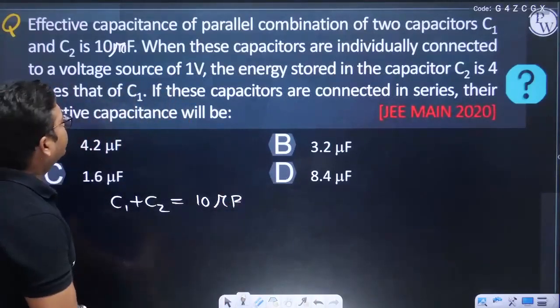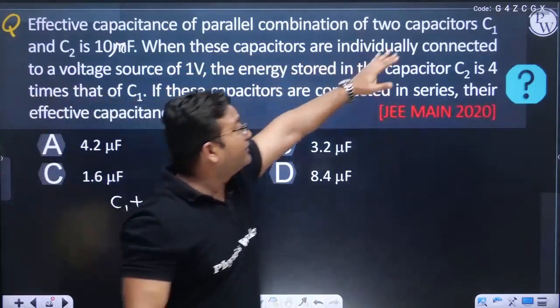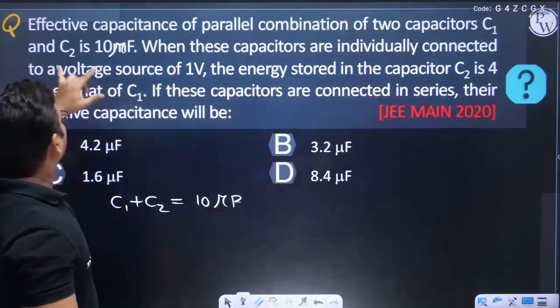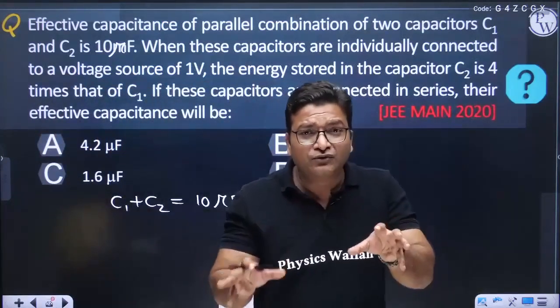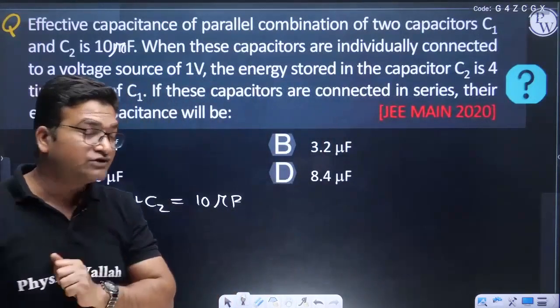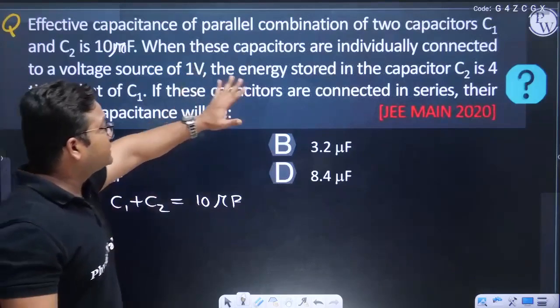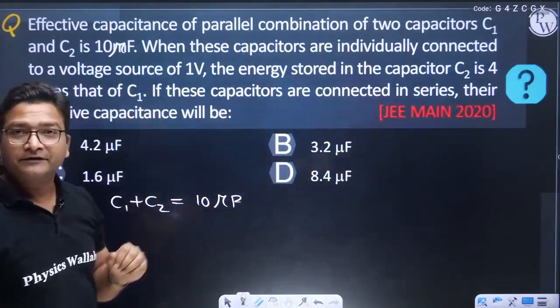Okay, now they say if these capacitors are individually connected to a voltage source of 1 volt, means these two capacitors have an equal potential difference of 1 volt, the energy stored in C2 is 4 times that of C1.